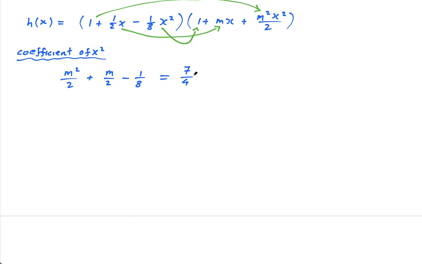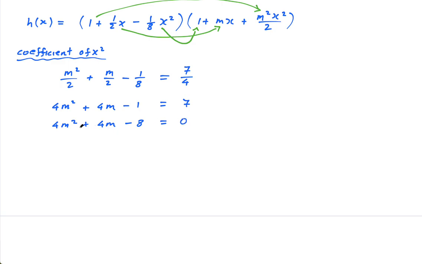And now I just have a quadratic that I will solve. Best thing to do, guys, is multiply everything by 8 to get rid of all the fractions. So I'm going to have 8m squared. Sorry, I'll just do 4m squared because the 2 will cancel. 4m squared plus 4m minus 1, because the 8 cancels, equals 7. Subtract the 7: 4m squared plus 4m minus 8 equals 0.